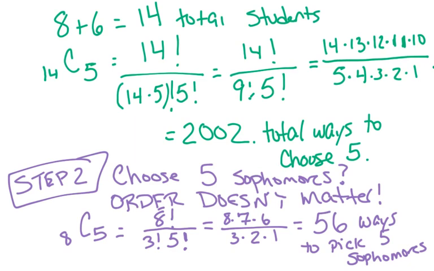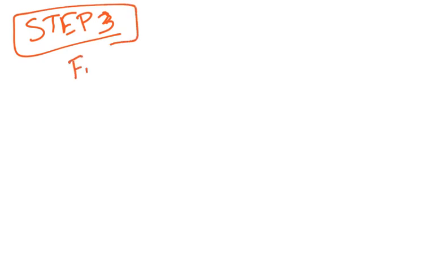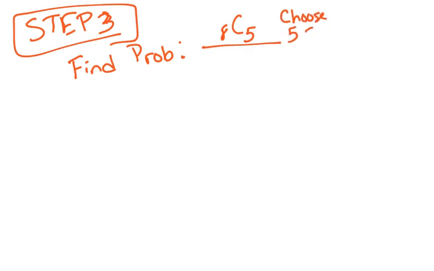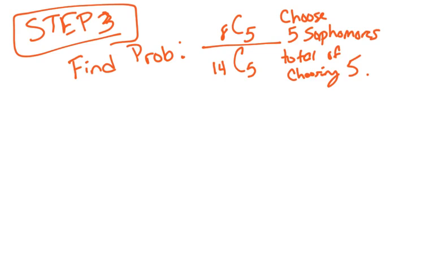So now that we've done both of those steps, am I good to change the screen? Yeah. Okay. So then now step 3, I can find that probability because it's going to be the number of ways I can choose a sophomore out of the total number of choosing 5.